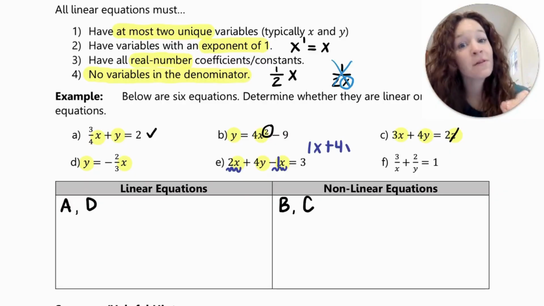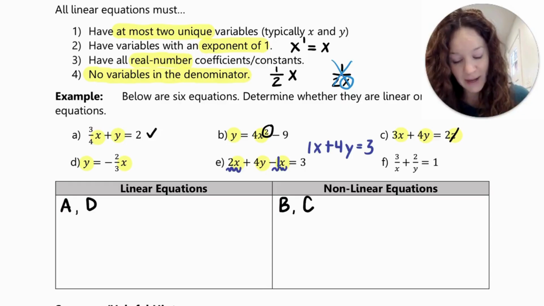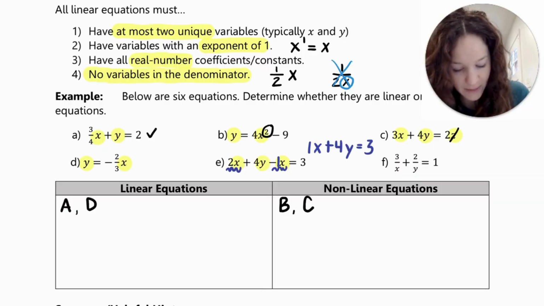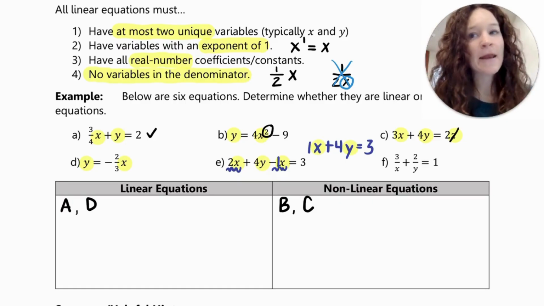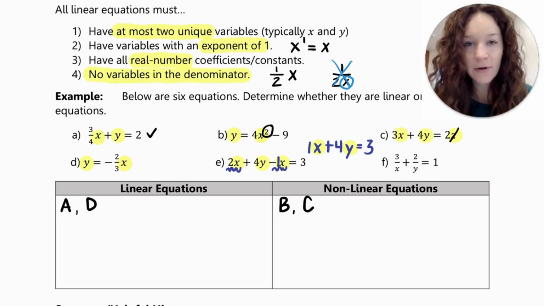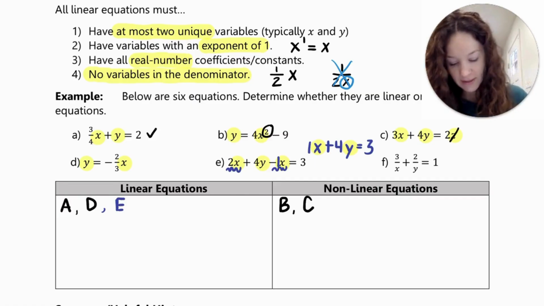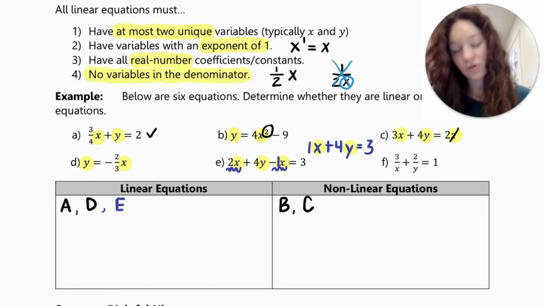We can simplify before we go to evaluate this. So 2x minus 1x would just simplify to 1x. The 4y would stay equals 3. So now when we look at this, we have just an x, just a y, nothing crazy happening to either of those, right? So we know, okay, great, this will be a linear equation.